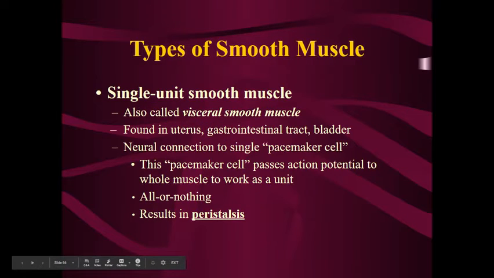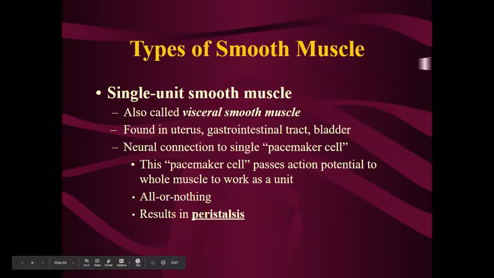There's different kinds of smooth muscle, and one type is called single unit smooth muscle. This is also called visceral smooth muscle. It's found in the uterus, gastrointestinal tract, and bladder, and with single unit smooth muscle, the neural connection is to one single pacemaker cell.